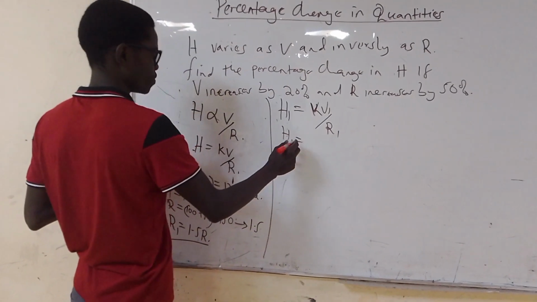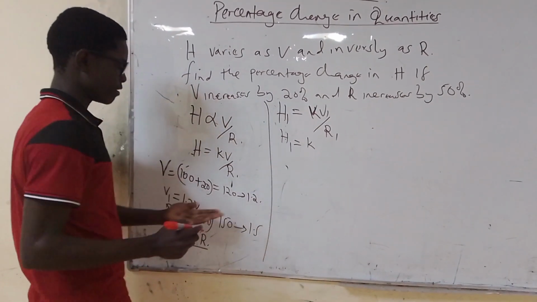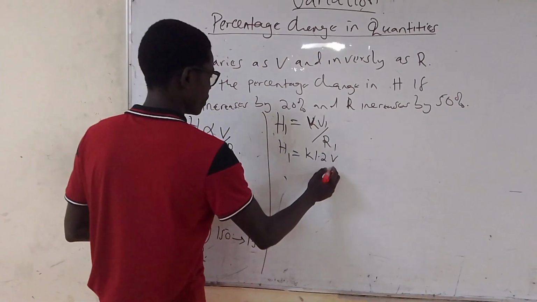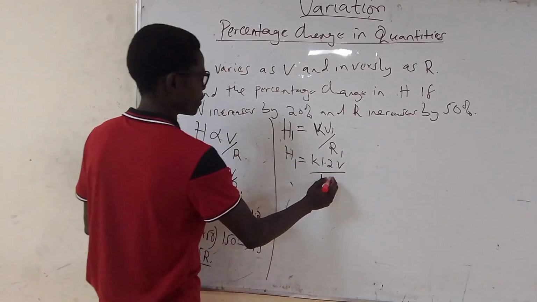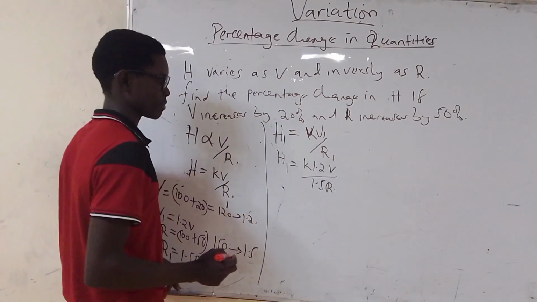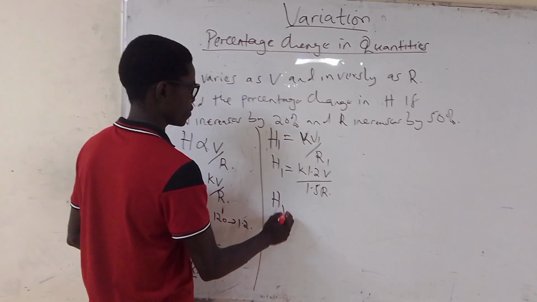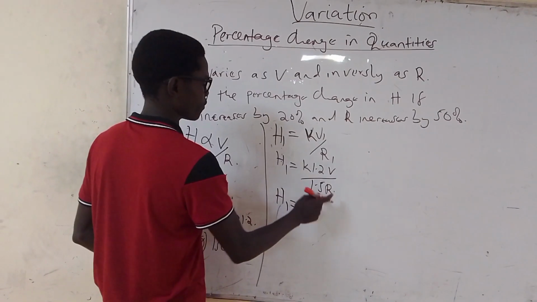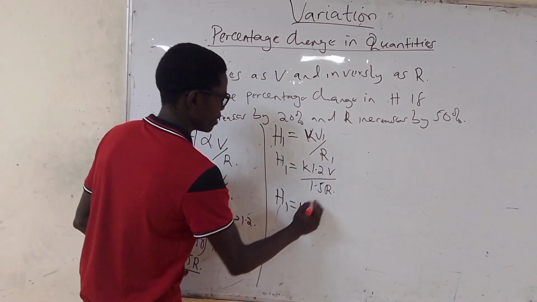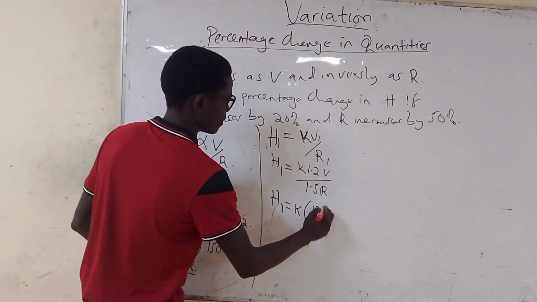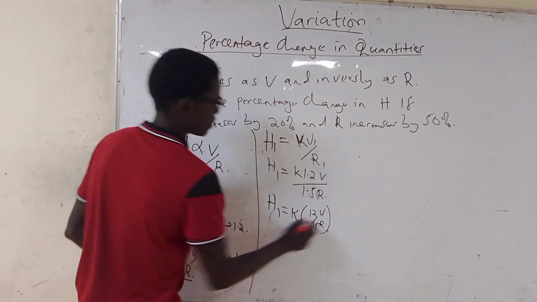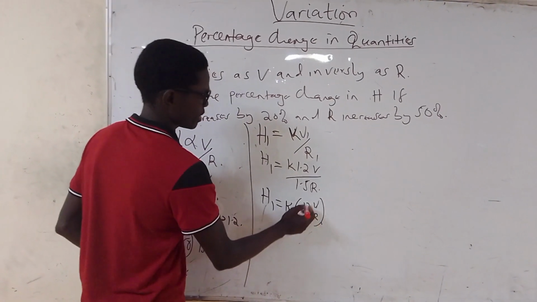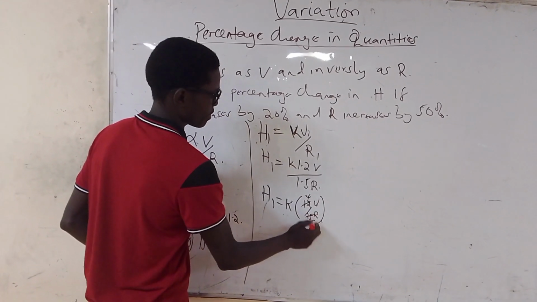So H1 equals K multiplied by V1, V1 is 1.2 V over R1, 1.5 R. We say H1 equals, that is 1.2 divided by 1.5, is the same as K 12 over 15 V, 12 V over 15 R. So when we cancel 3 here, 4, 3 here, 5.